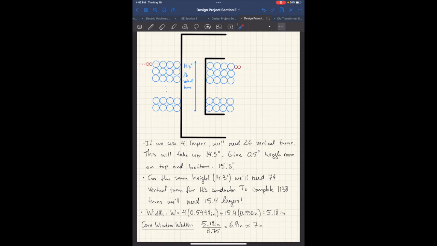But now, we are wrapping the high side on top of the already completed low side. So now, the length that stays constant is no longer 5 inches. It's going to be 5 inches plus what? This is the 5 inches.